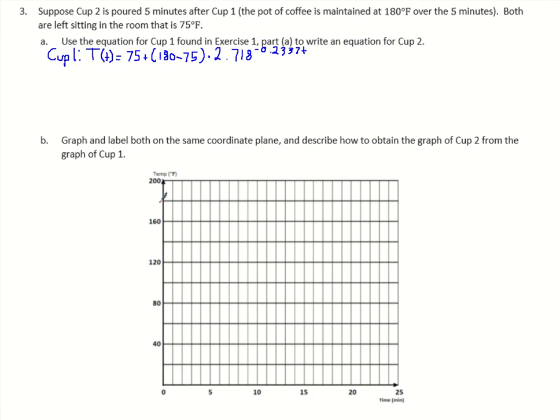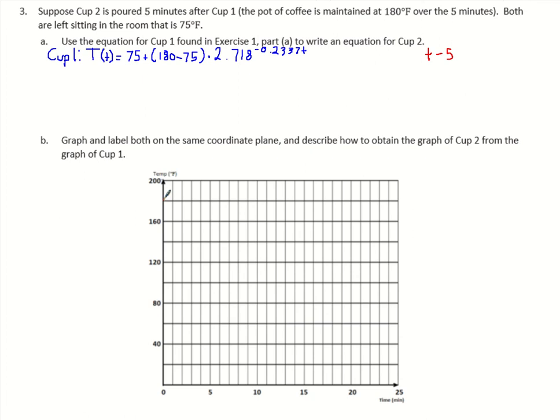Okay. So what we're going to do is we're just going to take T and we're going to go minus 5. So 5 minutes is going to be where my initial graph was at 0 minutes.